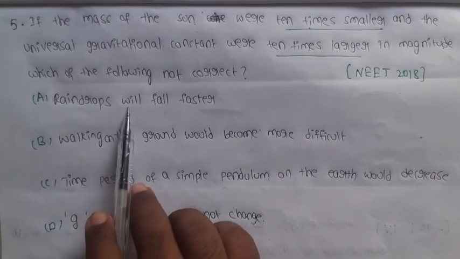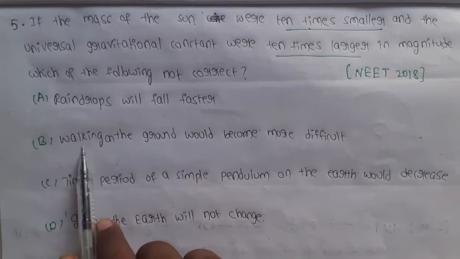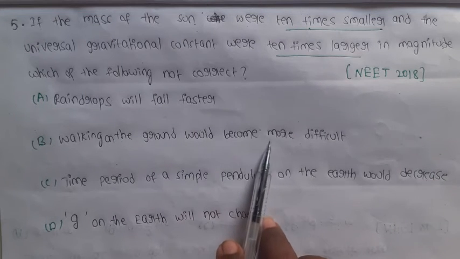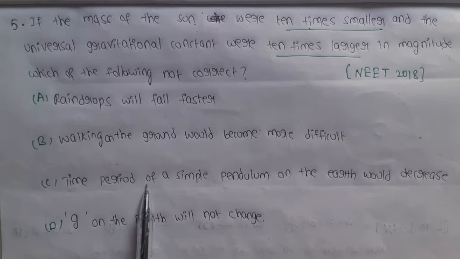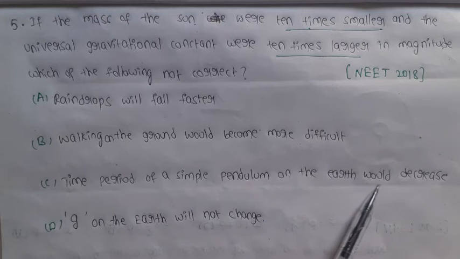The options are: raindrops will fall faster, walking on the ground would become more difficult, the time period of a simple pendulum on the Earth would decrease, and g on the Earth will not change.